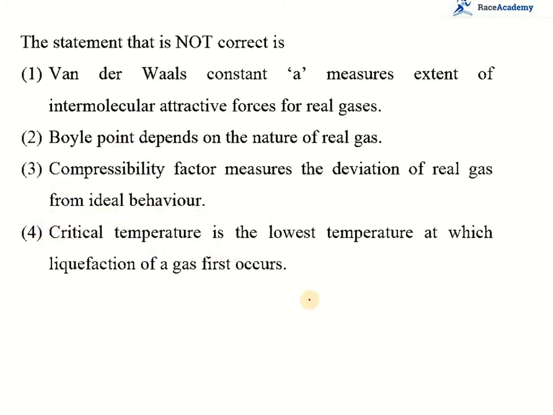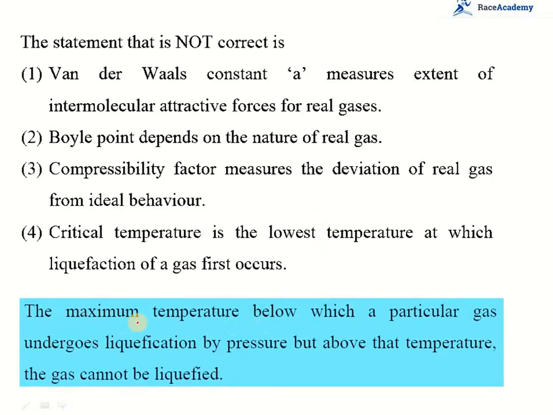Critical temperature is the lowest temperature at which liquefaction of gas first occurs. No, it is the highest temperature. It is the maximum temperature below which a particular gas undergoes liquefaction by pressure, but above that temperature the gas cannot be liquefied. It is the maximum temperature, not the minimum temperature. So the fourth option is not the correct statement.